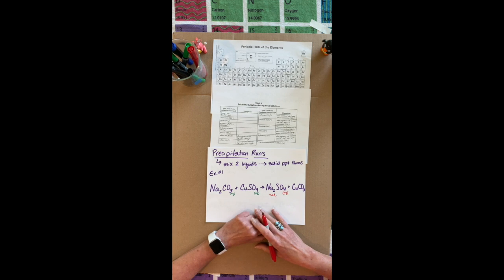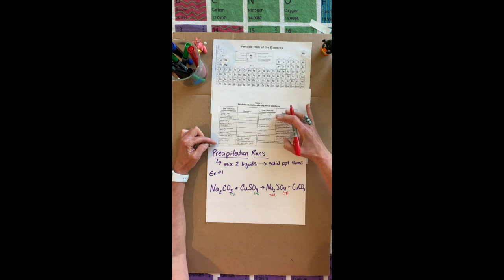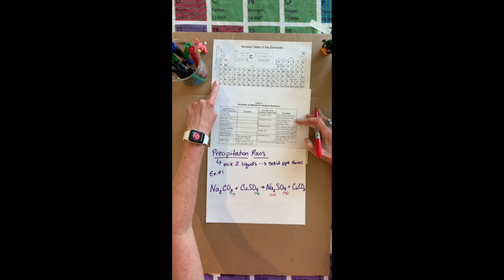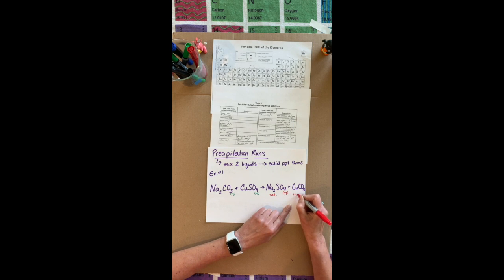Let's look at that copper 2 carbonate. As I scan through the table, here is our carbonate. Carbonates are insoluble with the exceptions of group 1 elements and ammonium. That doesn't apply here. This is insoluble, and because it's insoluble, it equals a precipitate, or PPT, which is a solid.